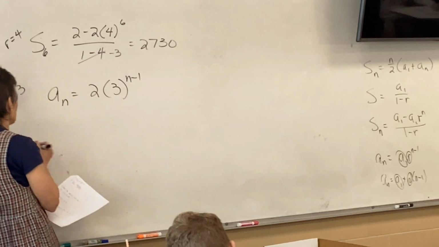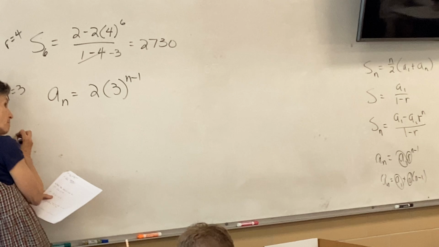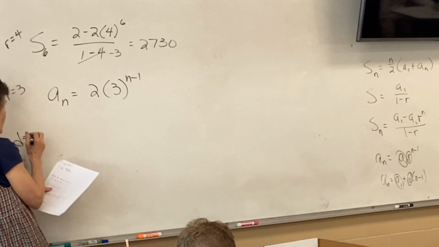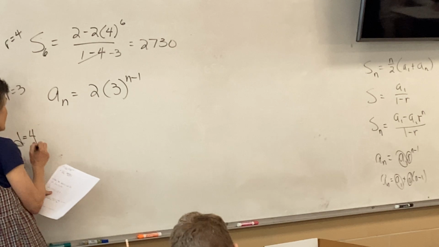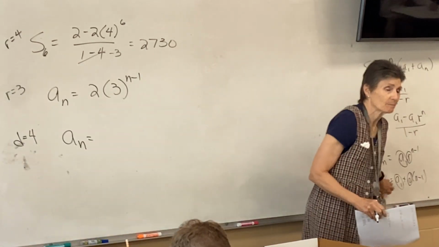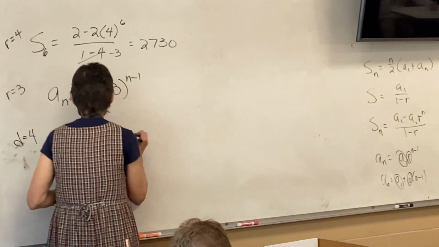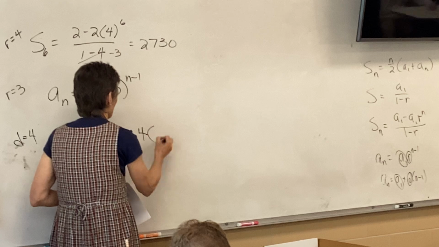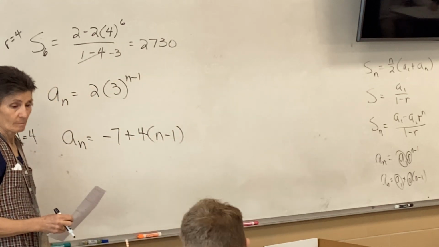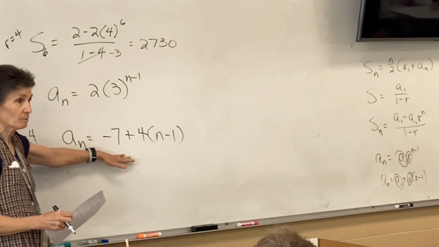But what about B? B is what kind of sequence? Arithmetic, and its ratio, or excuse me, its difference is 4. So I use my arithmetic formula, the bottom one, and plug in what I know. My first term is -7. My difference is 4. And then I can simplify that, right?